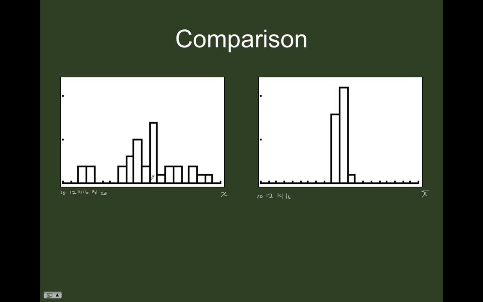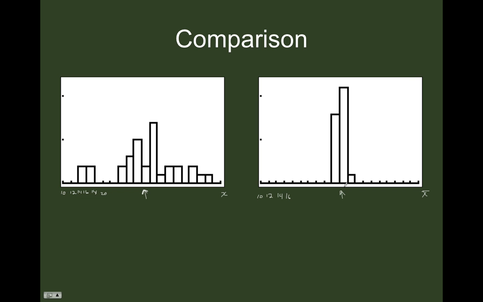If I were going to balance this distribution on a single point, of course that's going to balance on the sample mean. And I'm going to balance this distribution on a single point. If you look, those two distributions seem to balance at the same place.